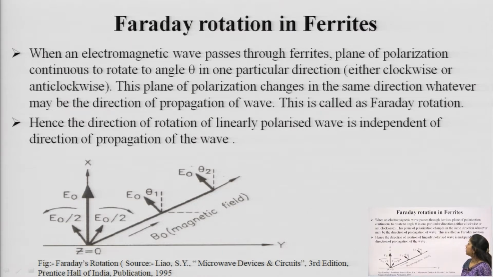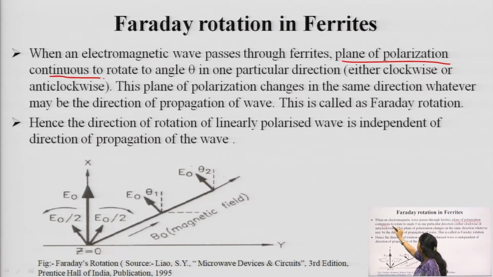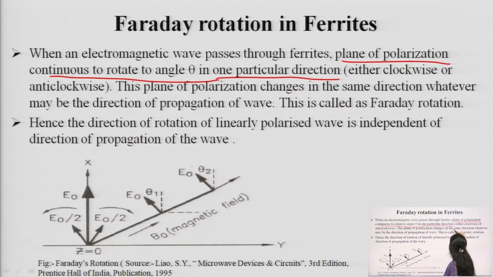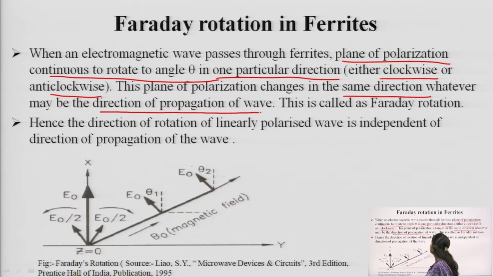When an electromagnetic wave passes through the ferrites, the plane of polarization continues to rotate at an angle theta in one particular direction, either clockwise or anti-clockwise. This plane of polarization changes in the same direction whatever may be the direction of propagation of the wave.